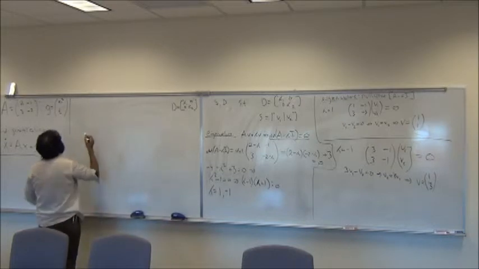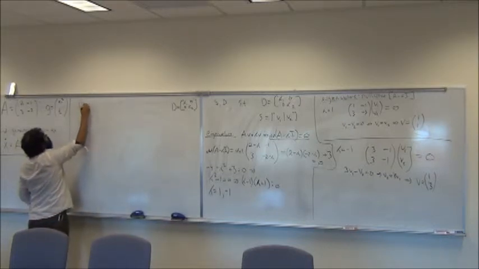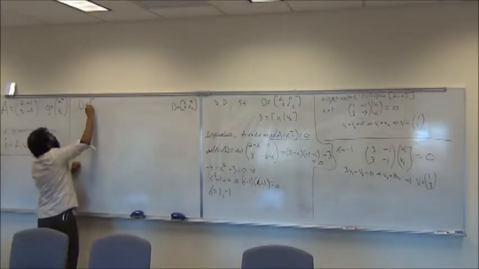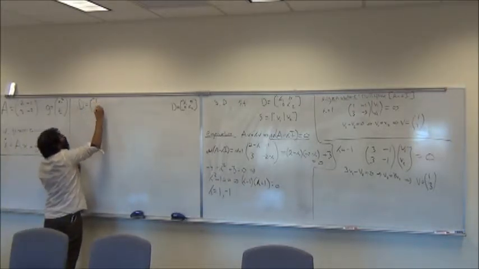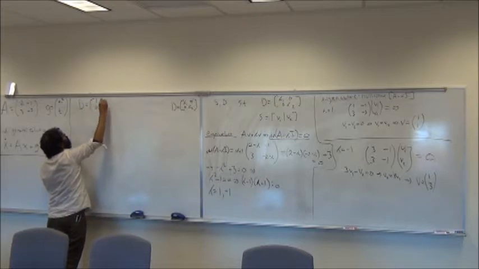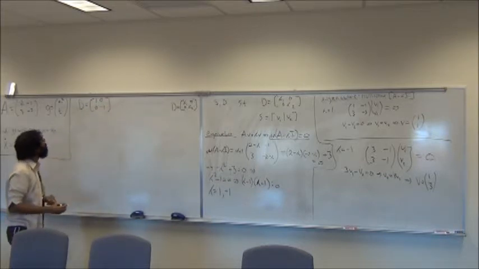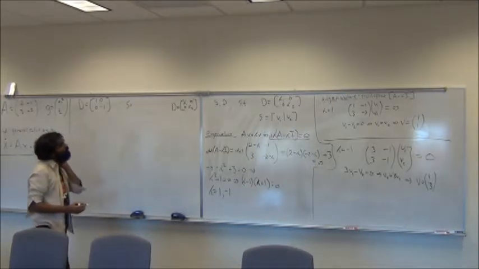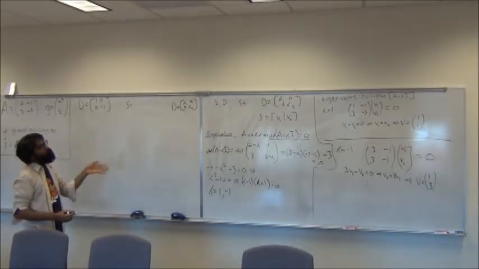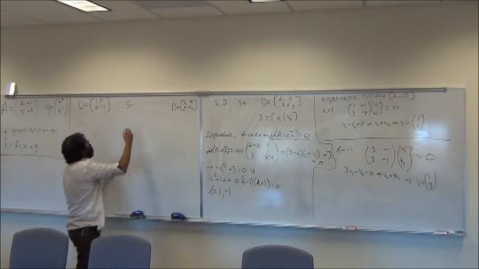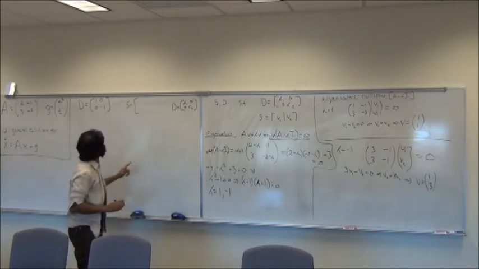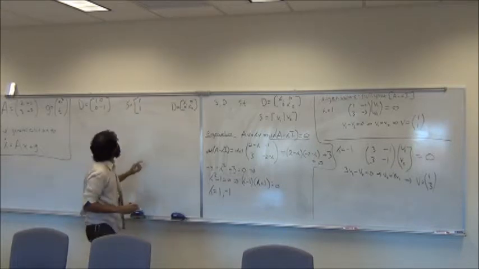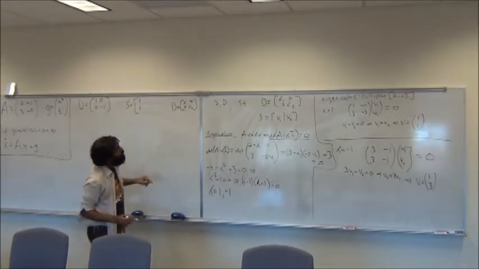So what we have, our matrix D, are just eigenvalues along the diagonal. So let's take 1, minus 1. And our matrix S is the eigenvectors for each eigenvalue as columns. So the eigenvector associated with 1 is 1, 1. And the eigenvector associated with minus 1 is 1, 3.